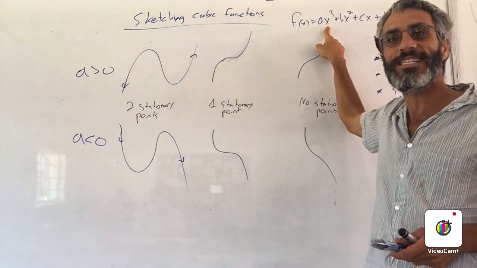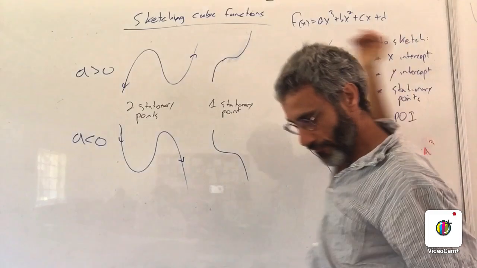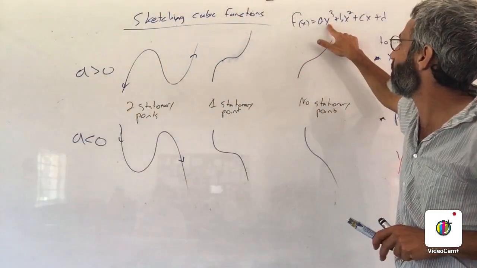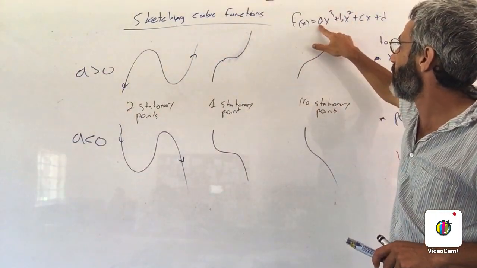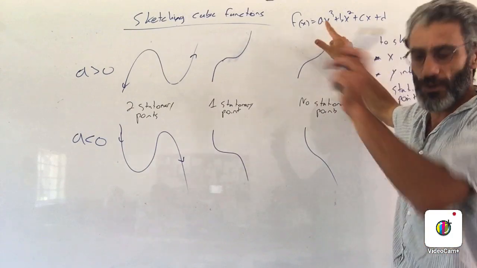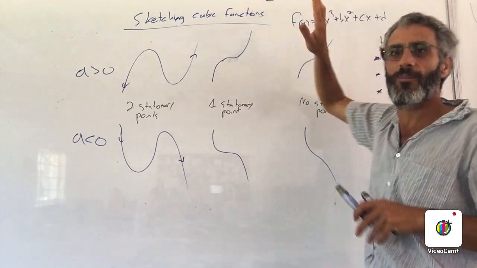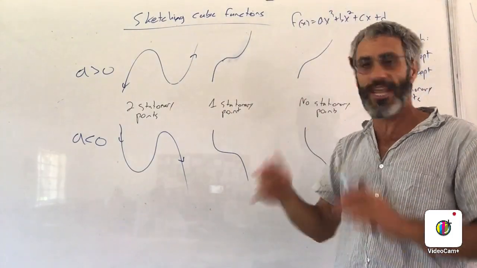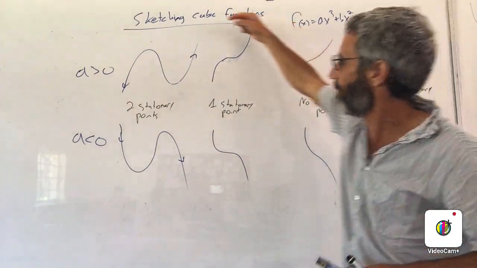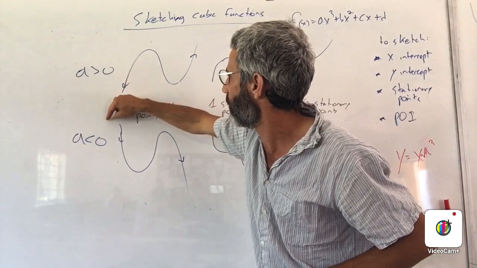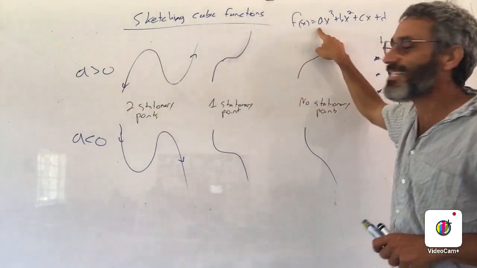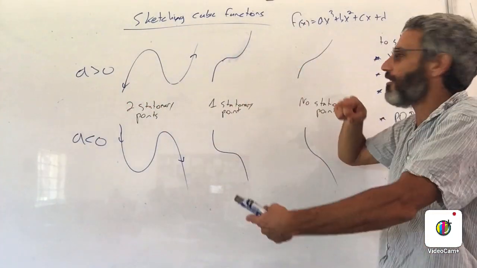But if x is negative 1,000,000, looking to the far left side, then negative 1,000,000 to the power 3 is a very large negative number. So it's going to be negative, and that means this graph goes down this side. But if a is negative, then everything flips.